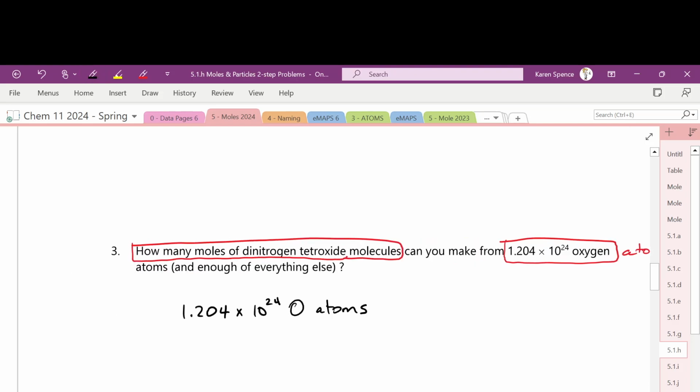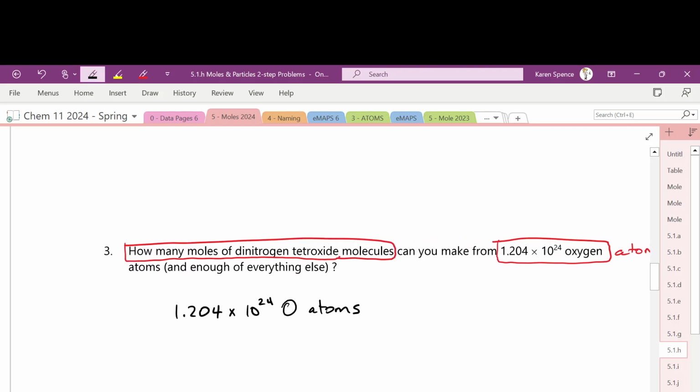And we are wondering how many moles of, what is dinitrogen tetroxide? What's the formula for that? N2O4.